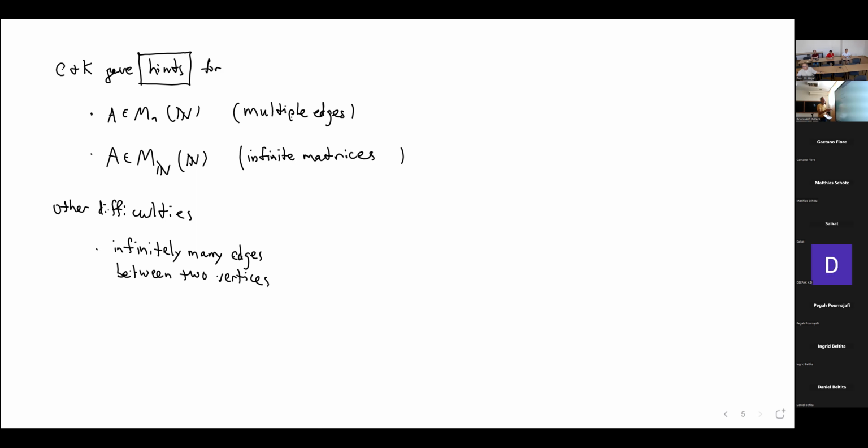Go ahead, question, Ludwig Dąbrowski. Why do finite matrices with entries which are natural numbers correspond to multiple edges?